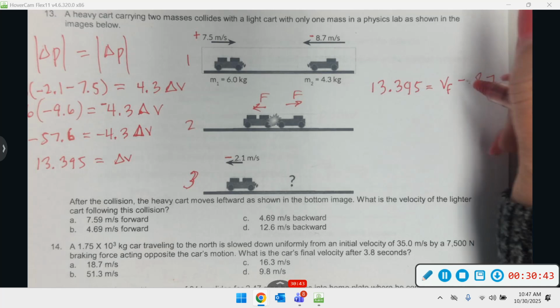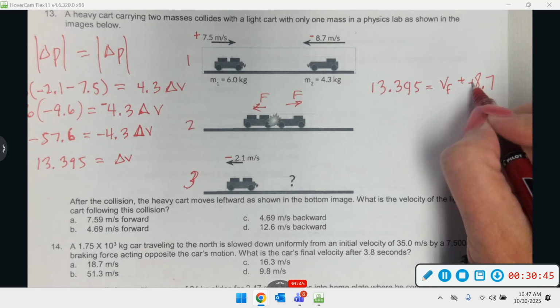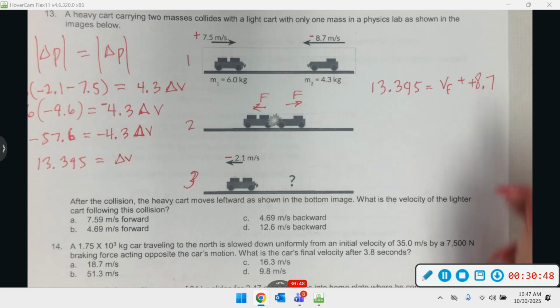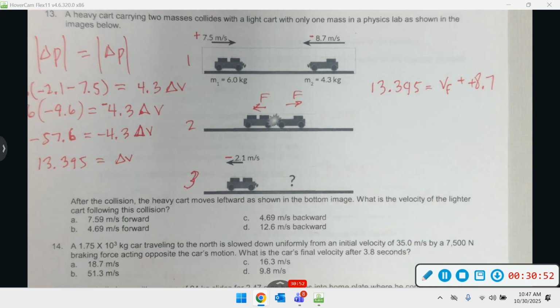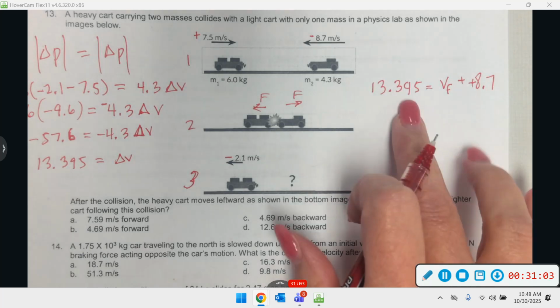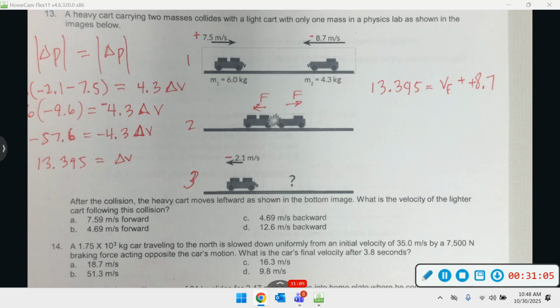So that really means that I'm adding 8.7. So when I want to solve this, I'll subtract 8.7 from both sides. Let me get back to my calculator screen. And I have 13 point, I'll take the whole value, that whole number for this one, minus 8.7.